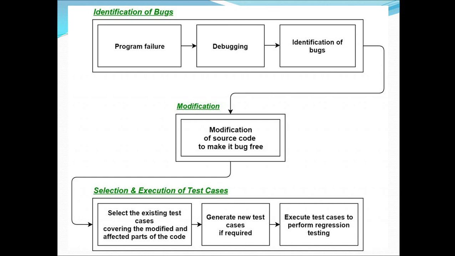Therefore, it is possible that some errors occur by this change. The developer has to clear the errors that occur by this change and ensure that the software is error free.